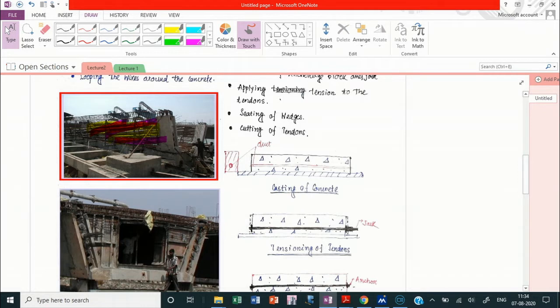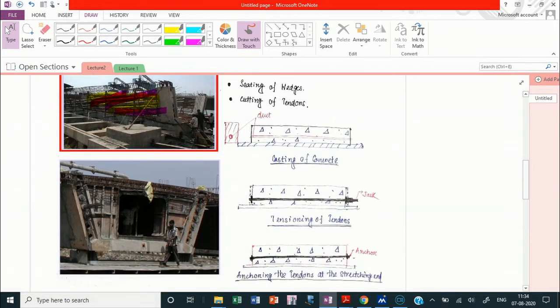So these are the types of your internal prestressing system.